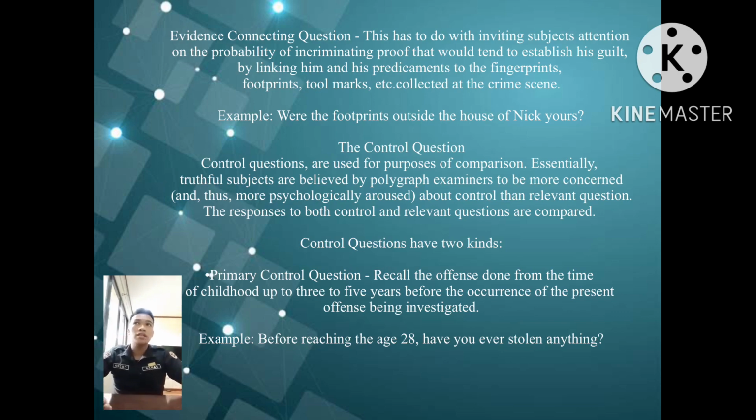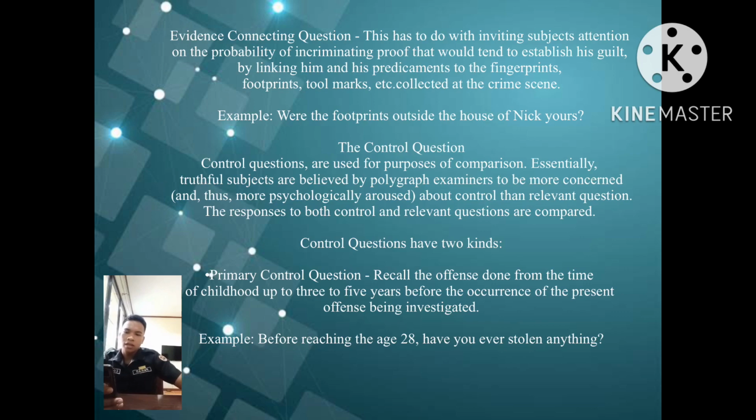That is the simple question given in the statement about the primary control questions. It is not too harsh and not so hard to answer.